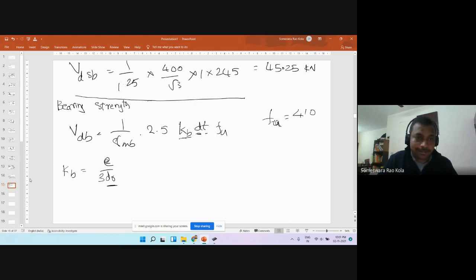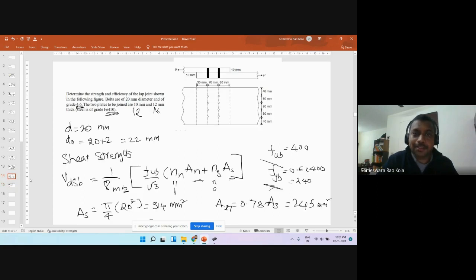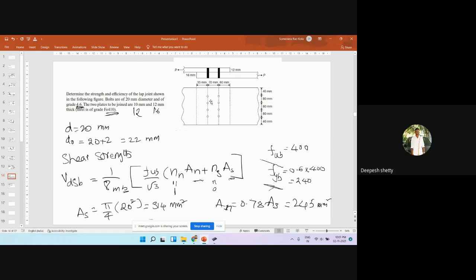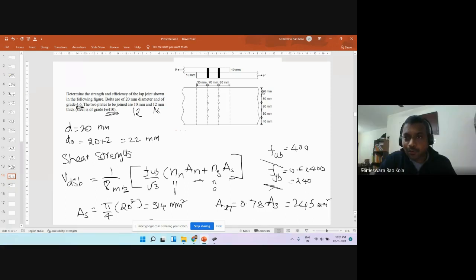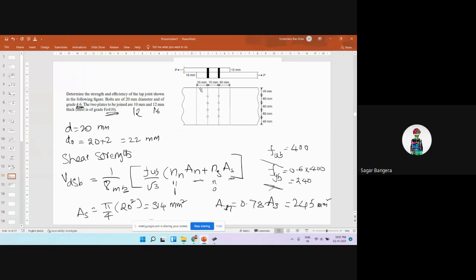e distance is given. What is the e distance from the picture? Can someone tell me? Maybe you have not drawn the picture. So let's go back. What is the e distance? There is 40 and there is 30. It is 40. Yeah.